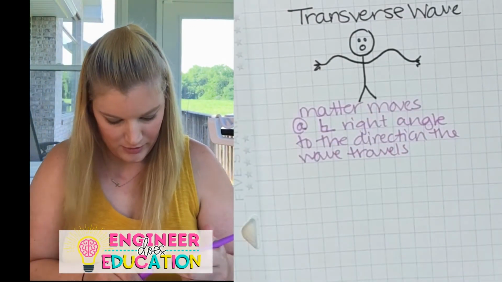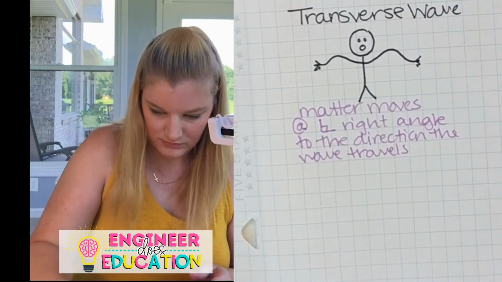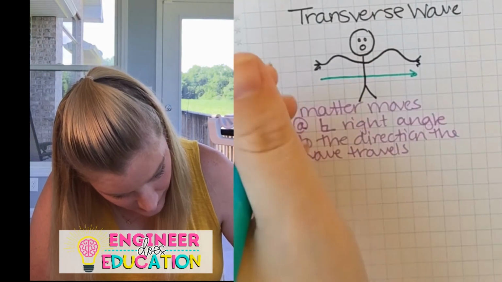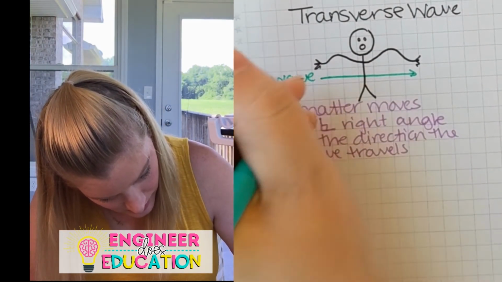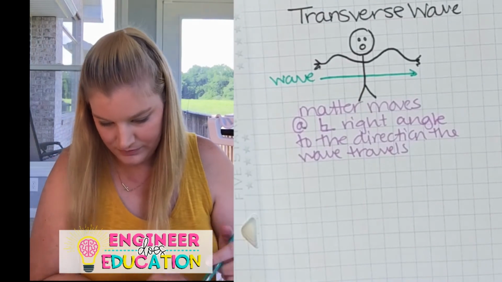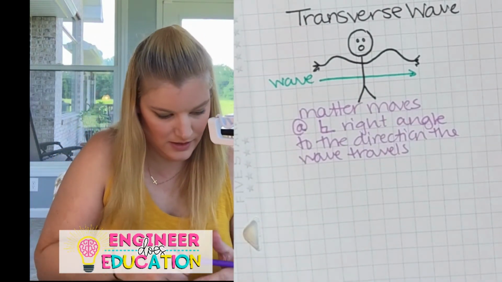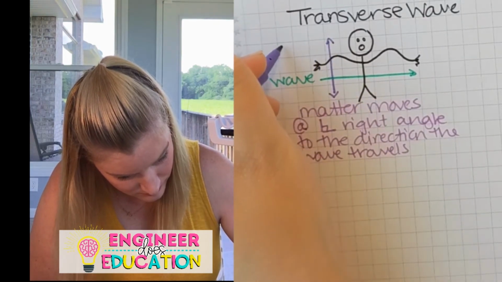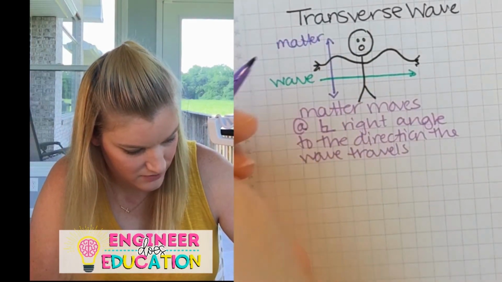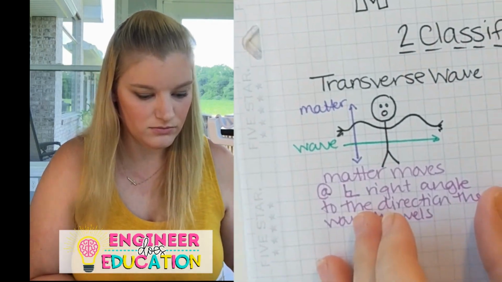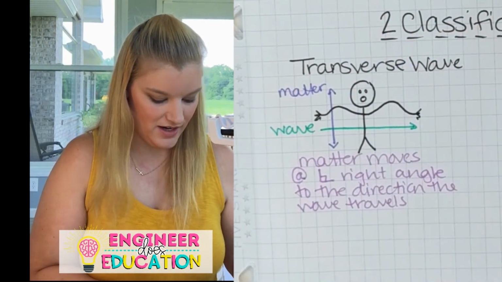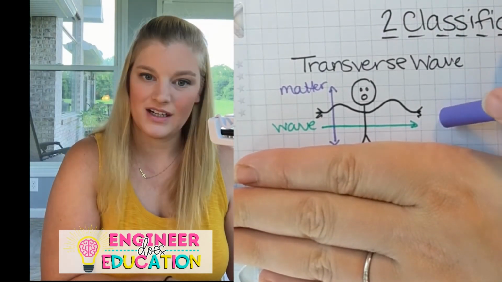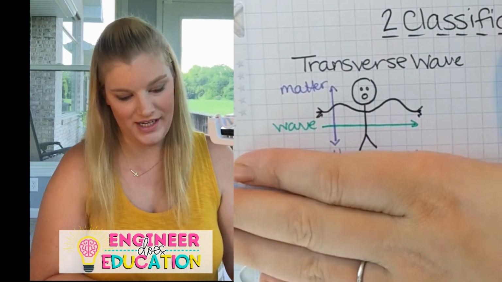So I'm going to go through and say, okay, so if my wave is traveling this direction, then the matter is traveling this direction. And even right, I got off track, there we go. Even right there, this is a really easy visual. That's all my students really need to know to be able to classify and tell me what type of wave we're looking at in our notes.